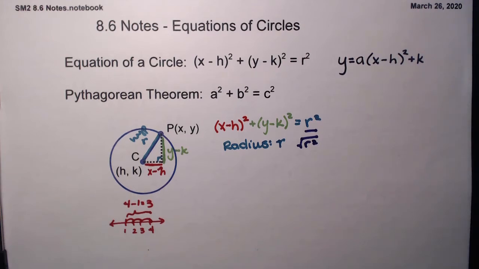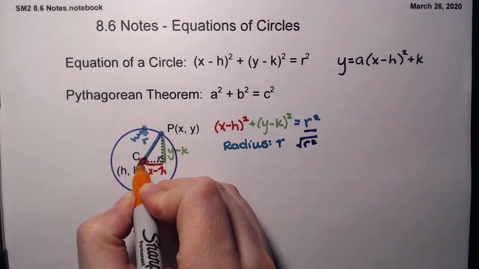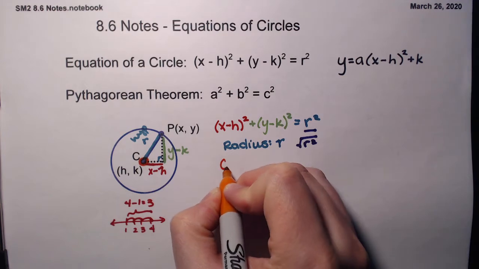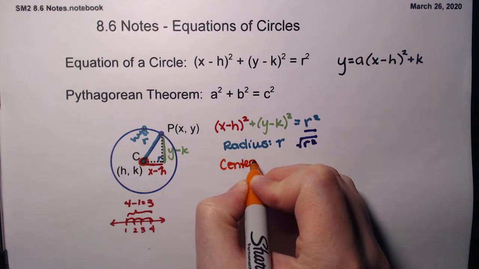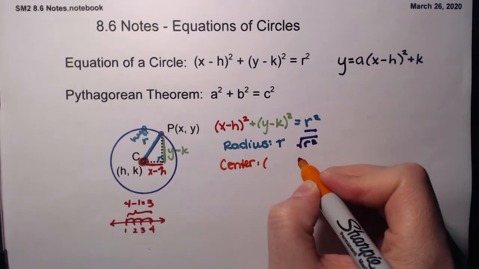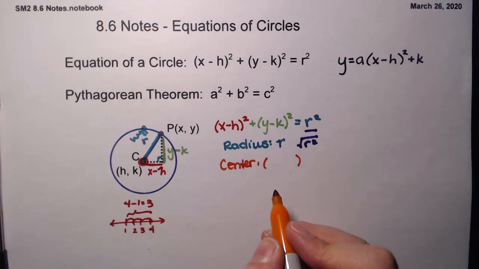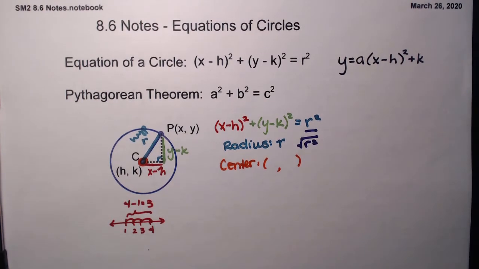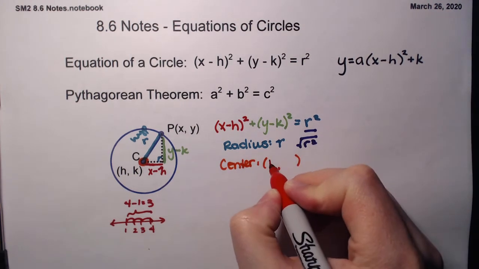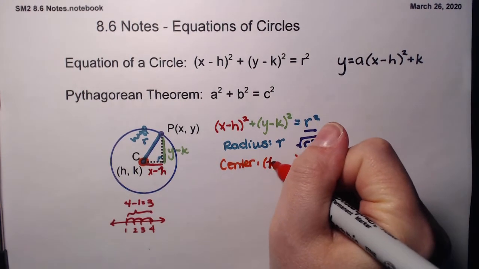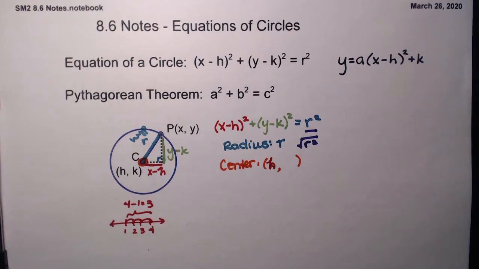You also have the center of the circle right here. In the formula, that's our HK. So the center is H, that's an H, and HK.